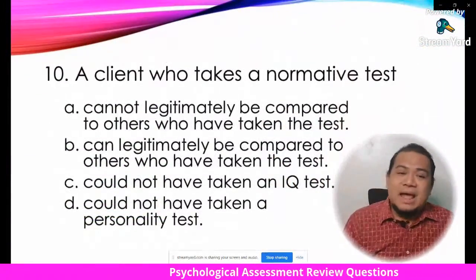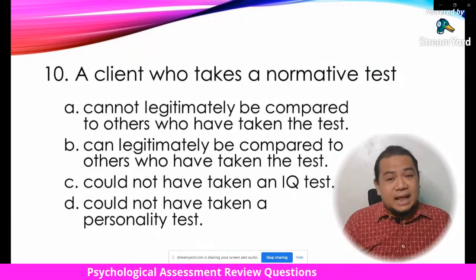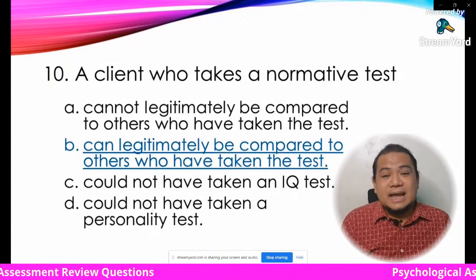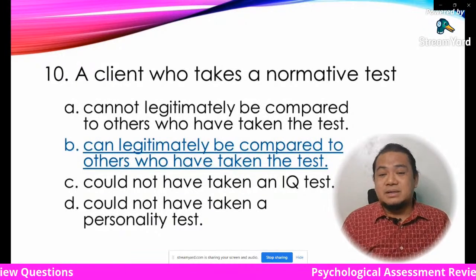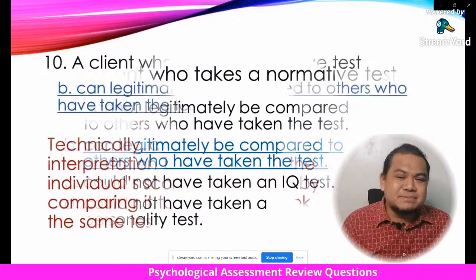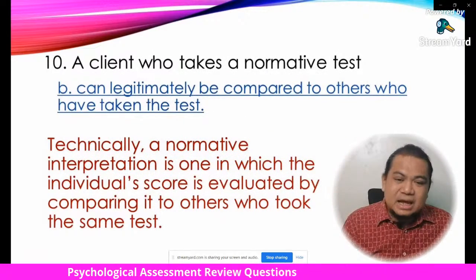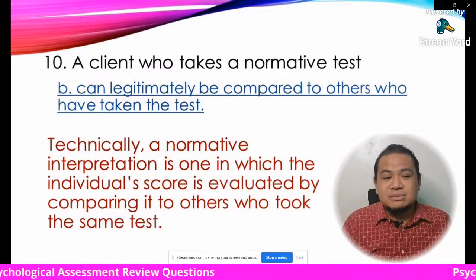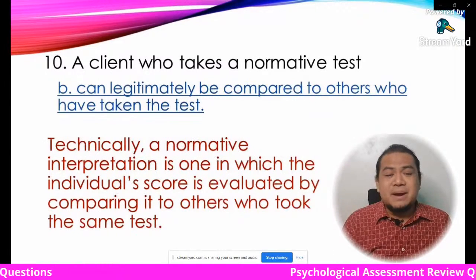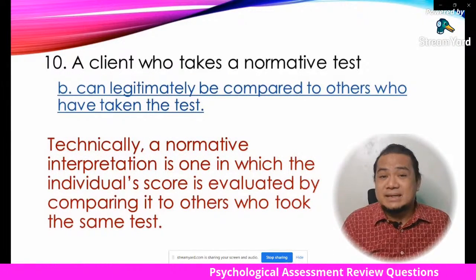Number 10. A client who takes a normative test, the answer is letter B, can legitimately be compared to others who have taken the test. First, forget about choice A, it's ipsative. Technically, a normative interpretation is one in which the individual score is evaluated by comparing it to others who took the same test.